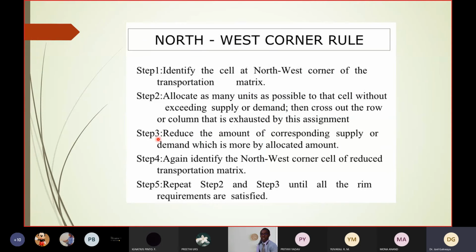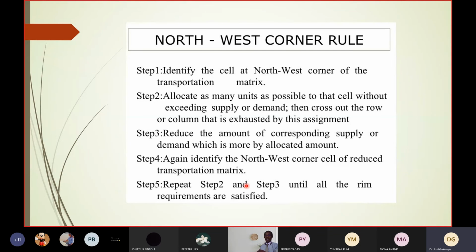Third step, reduce the amount of the corresponding supply or demand by the allocated amount. So we are going to allocate the amount in that first cell in the corner, and then you are going to reduce the corresponding one, okay? The one which is equal to 0, we are going to cross off. Again, identify the northwest corner for the remaining cells.